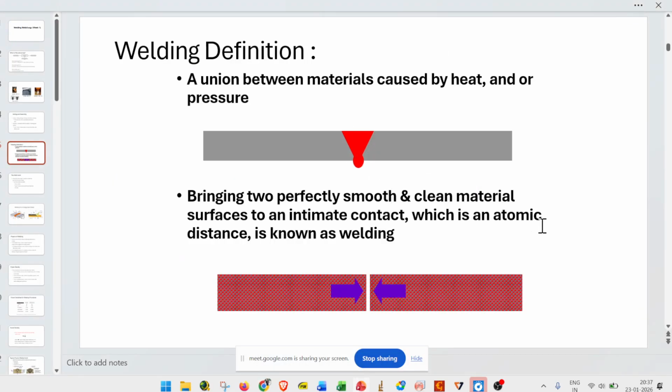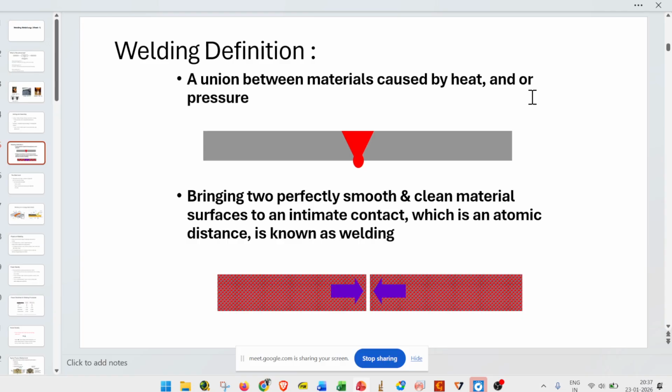We will proceed. So how can we define welding? Welding is joining of two materials by using heat or pressure to make a permanent joint. In the ideal case, if I have two surfaces that are perfectly smooth at the atomic level and I bring them together, because of atomic interaction they will become joined by themselves.